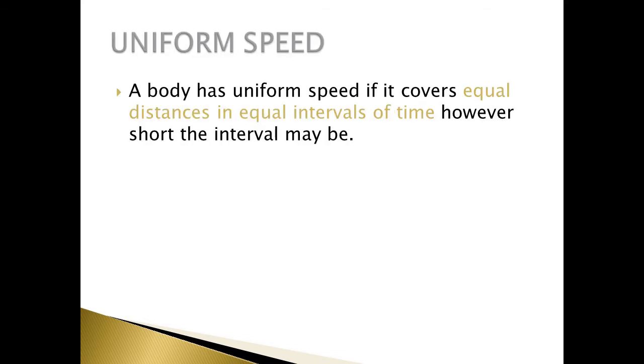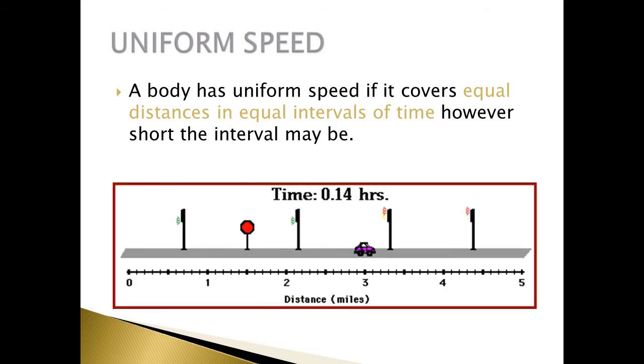Uniform speed. What is meant by uniform speed? A body has uniform speed if it covers equal distance in equal intervals of time, however short the interval may be. Here in this picture you can see a car is moving and it is covering distance in miles, and it is covering equal distance in equal intervals of time, so the speed of the car is uniform.